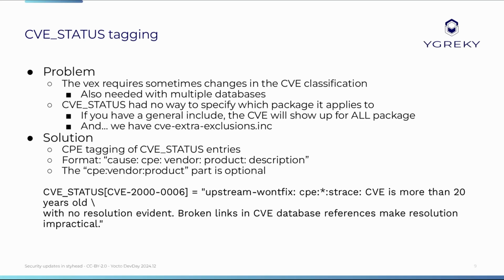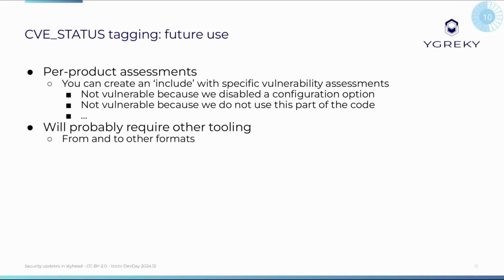Initially, this functionality was added because of the changes in the classification method, but finally, there are other ways you can use it. Now you can actually do an include that contains your per product assessments.